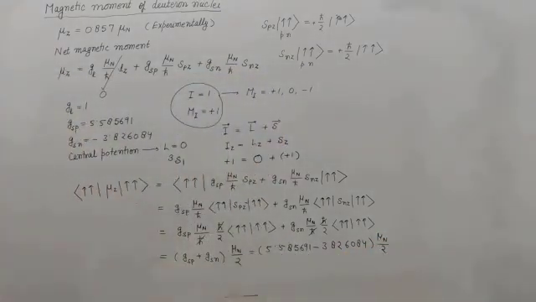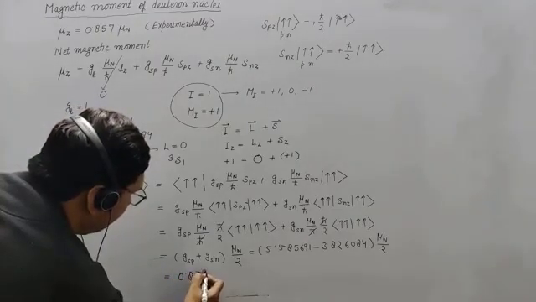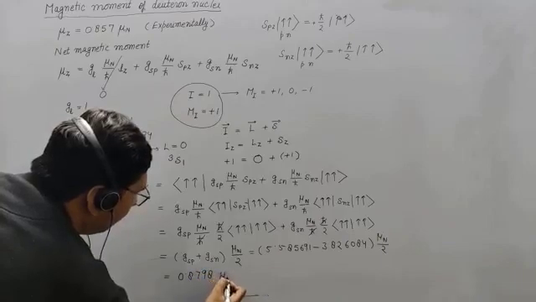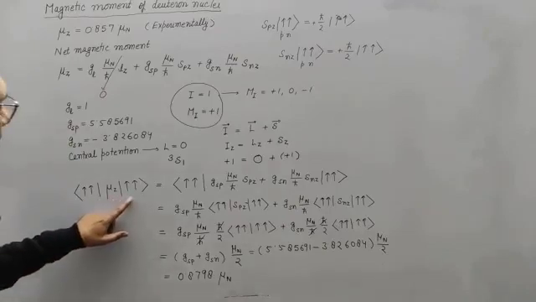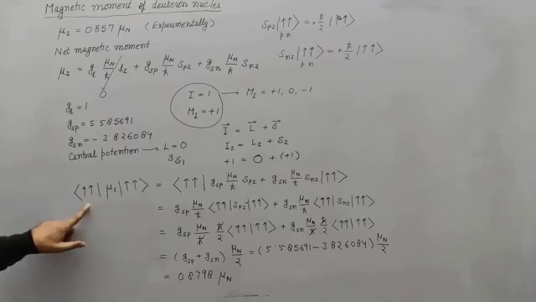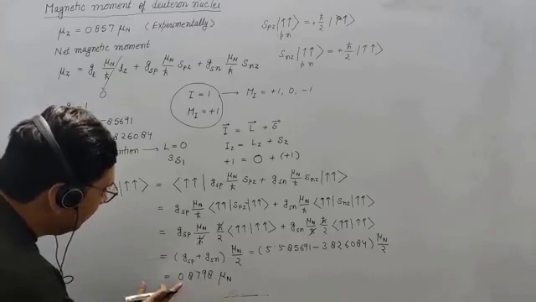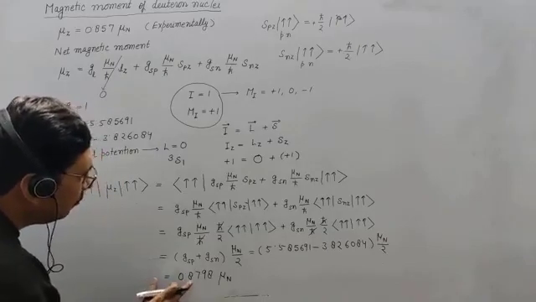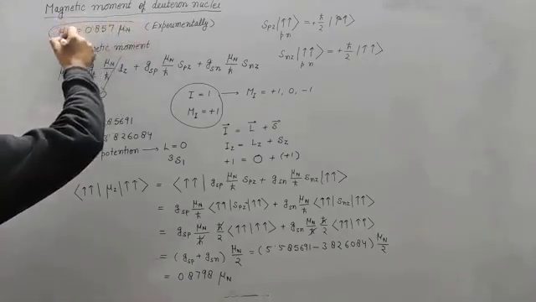If we solve this, we find that the value comes out to be 0.8798 mu n. We are getting this value theoretically. So the expectation value, or the average value, when this mu z operates over this state, comes out to be 0.8798 mu n theoretically, but the experimental value is this.